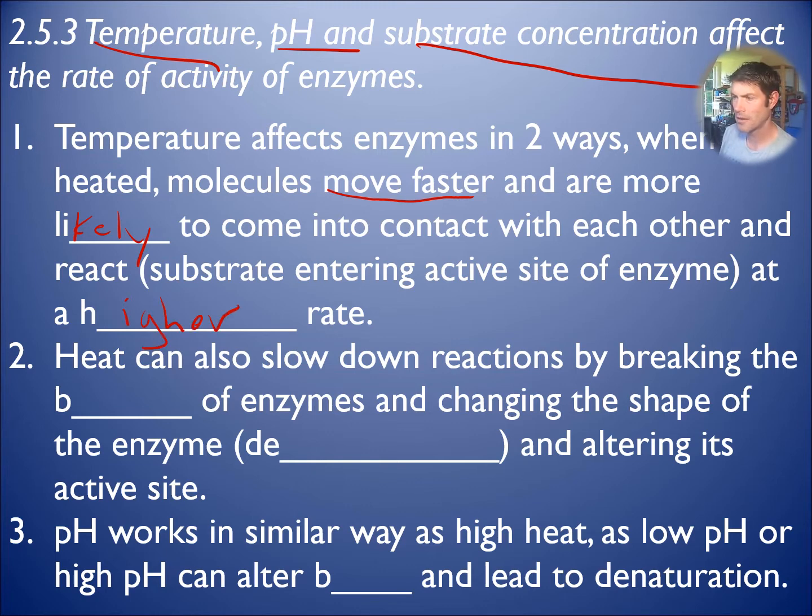But also too much heat can be bad, because there are bonds holding that protein together, and when you break the bonds in the enzymes, it can change the shape, which is called denaturing or denaturation.